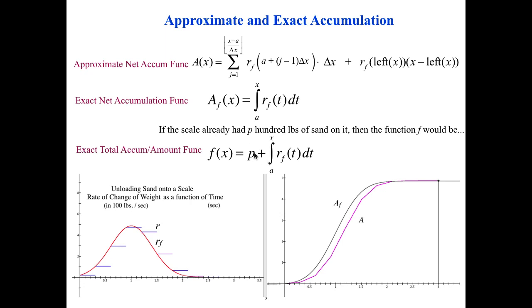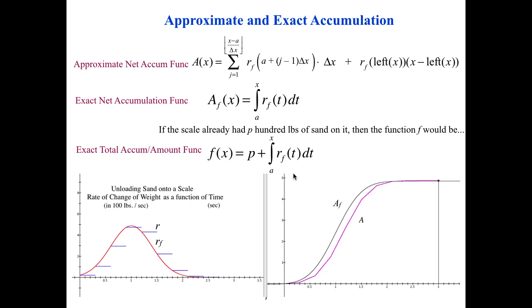Y initial plus the integral of m dx. Again, I wrote the short one here so that it's an exact total amount function. If I wanted an approximate total amount, I would just put the summation here instead of this integral sign. It's still just adding the starting amount, y initial, plus what happens because of the rate.